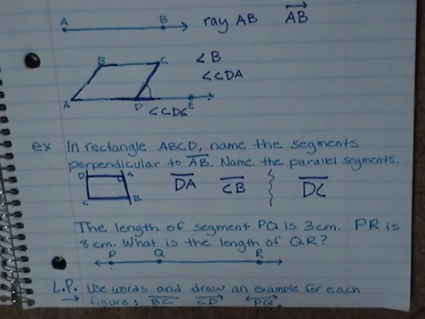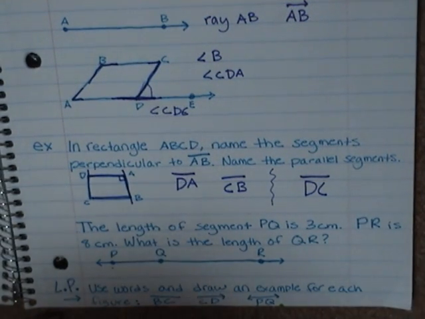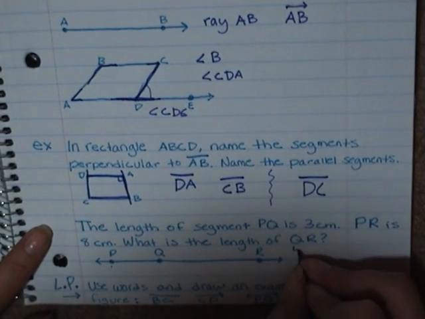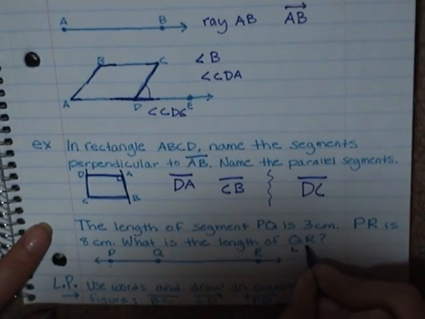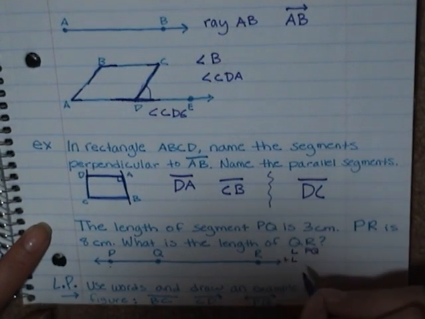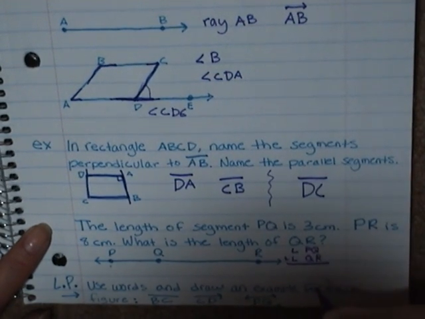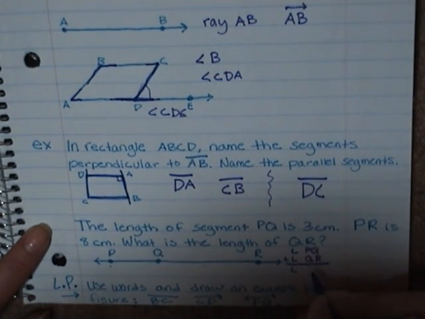So, one way to do this is setting up kind of a formula. And what it looks like is, I'm going to put L for length. The length of segment PQ plus the length of segment QR is going to equal the length of segment PR.